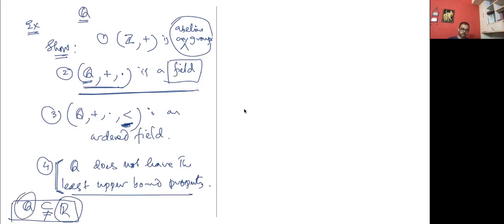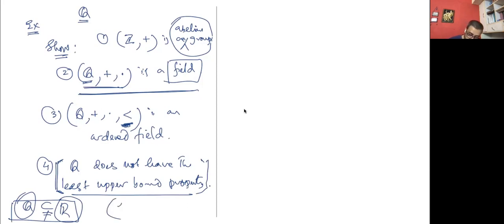But this Q, this subset of R that you have described in terms of the natural numbers and then the integers, is not going to have this least upper bound property. So even though it's an ordered field, it will not be the entire R.